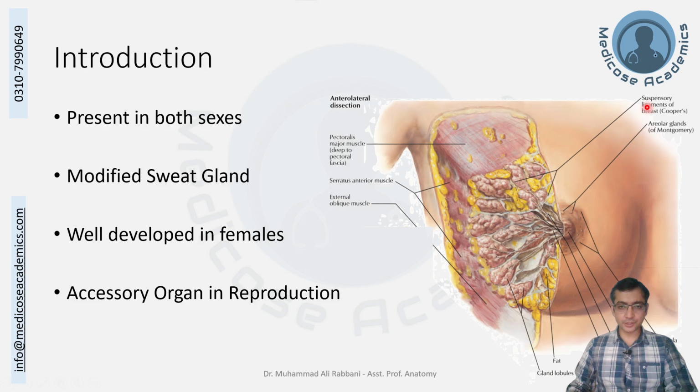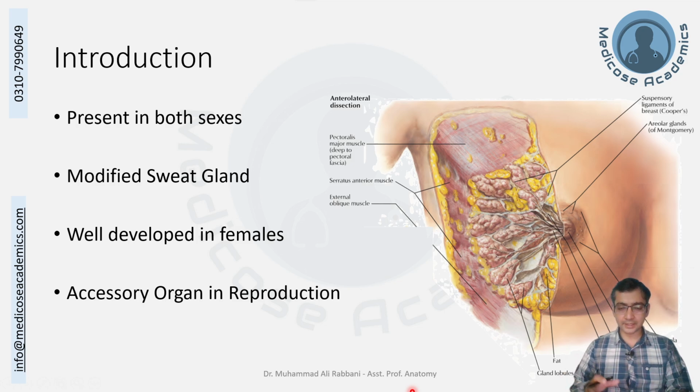So, breast tissue or mammary gland, it is present in both genders, male and female, well developed in females as compared to male, that is why it's more prominent. It is technically a modified sweat gland present in subcutaneous tissue here, and it is an organ of reproduction, not technically helping in reproduction in the direct manner, but as the newborn is born and then to feed them, so that's why it is called accessory organ of reproduction.